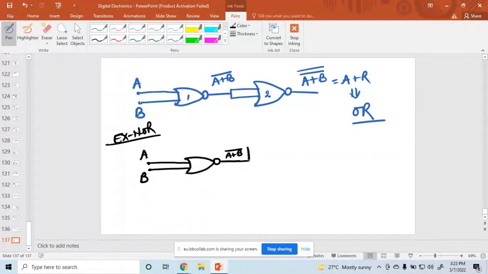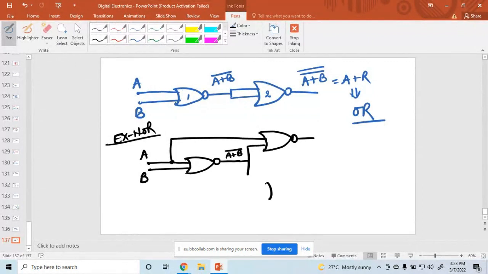Now we connect this to another NOR gate, and A is also the input.